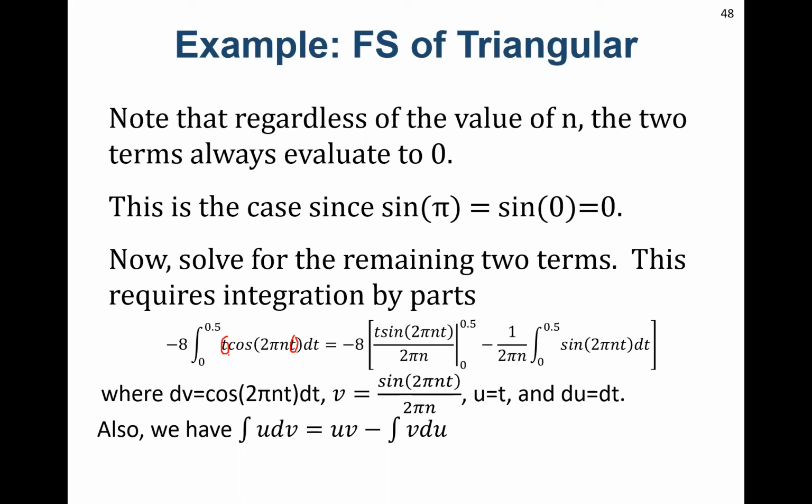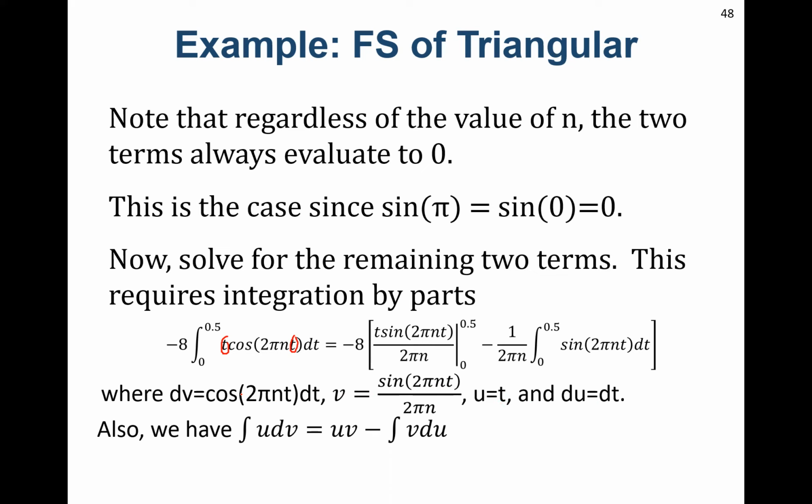So what I'll do is I'll specify the dv to be equal to this one and integrate it. And then this other term, I need to eventually get that out so that that no longer has the t term inside of it. So I set this to dv, and u is equal to t.